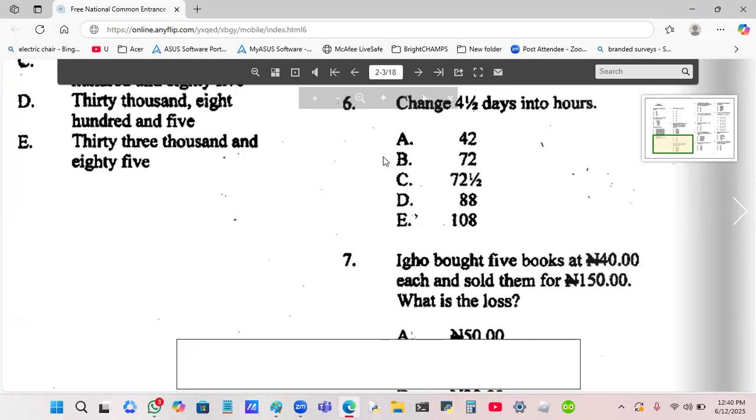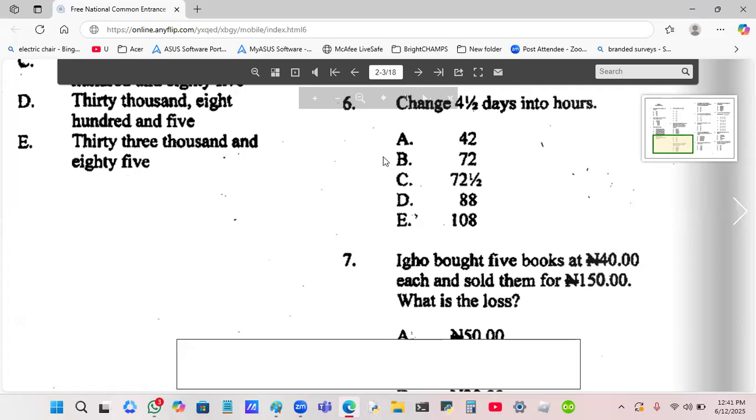Then you now do loss. Which one is bigger? Cost price. And since cost price is bigger, you now do loss equals cost price minus selling price.